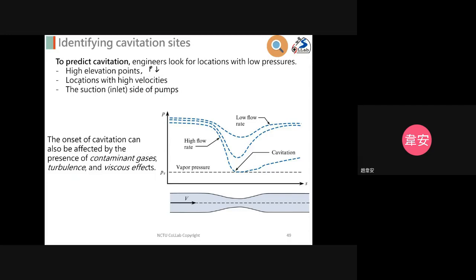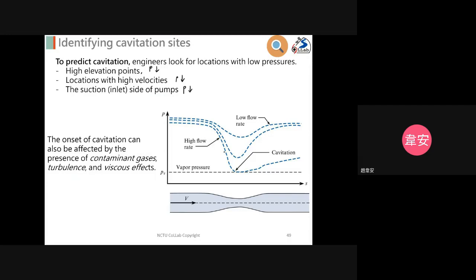And if your location has high velocity, the Bernoulli equation tells you that the velocity increases and the pressure decreases. Also the suction side of the pump results in lower pressure.